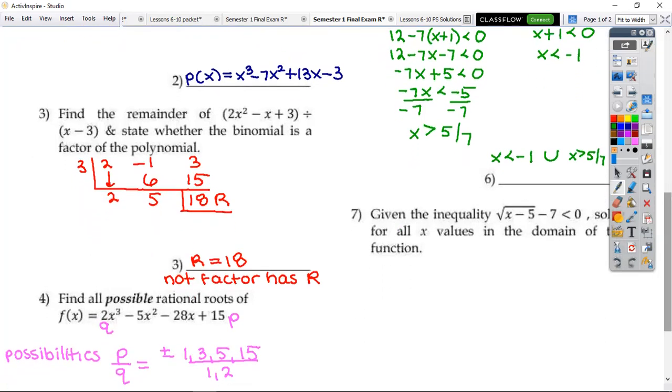So if you wanted interval on this, you could go from -infinity all the way up to, but not including -1, or from 5/7 all the way to infinity. So either or, however you'd prefer to write that.